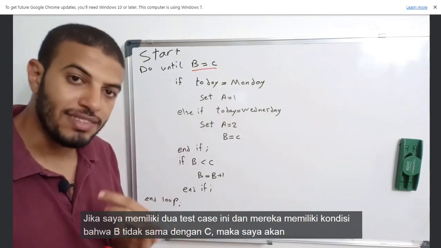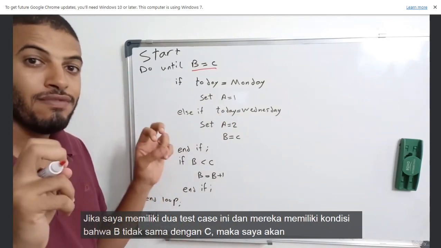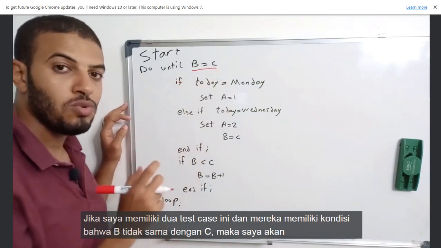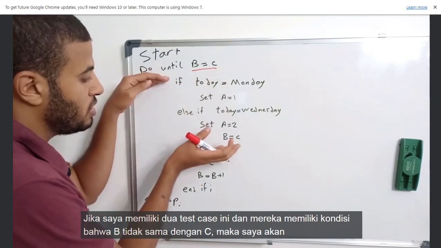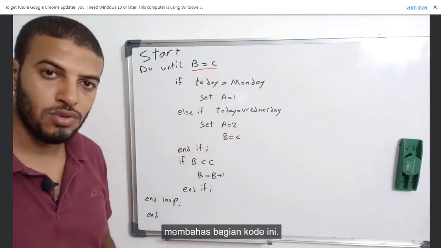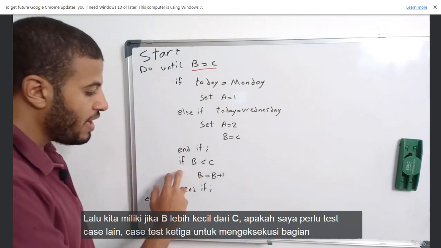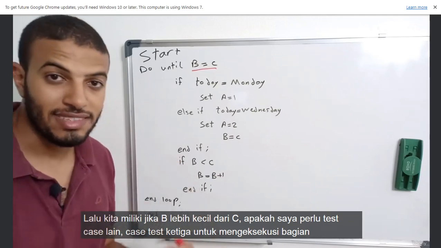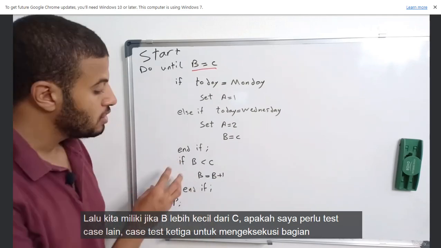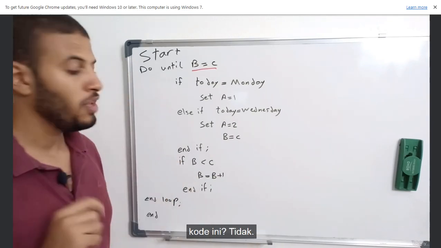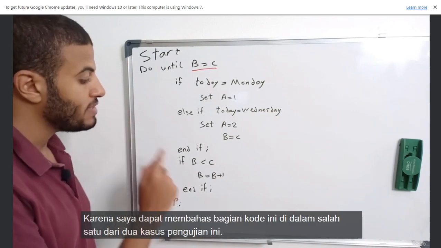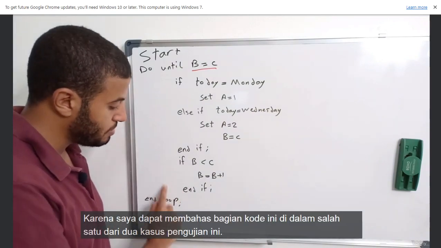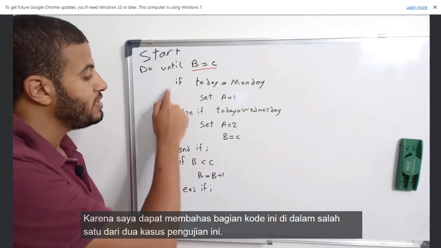If I have these 2 test cases and they have the condition that B is not equal to C, then I will be covering this piece of code. Then we have if B is smaller than C. Well, do I need a 3rd test case to execute this part of code? No. Why? Because I can cover this part of code inside either of these 2 test cases.